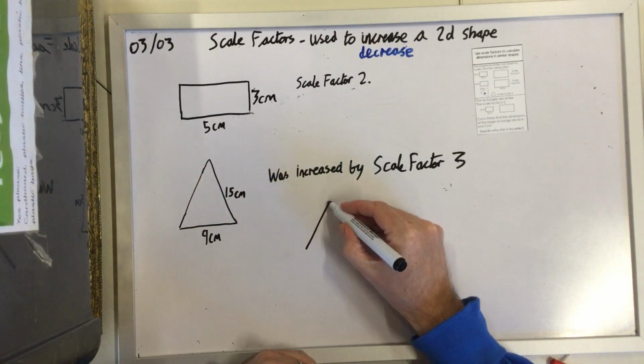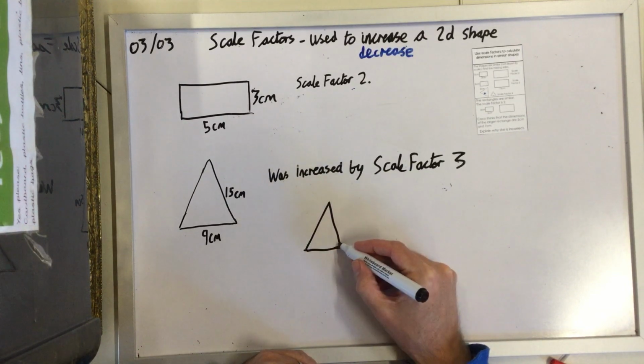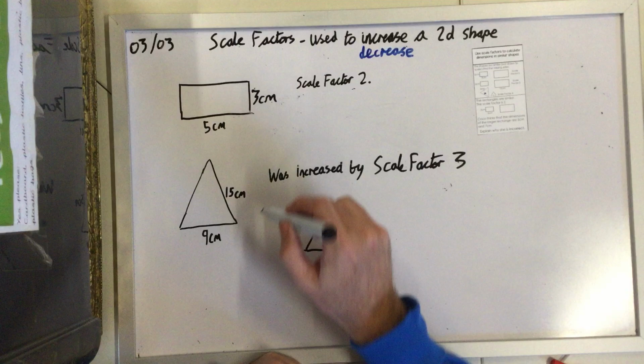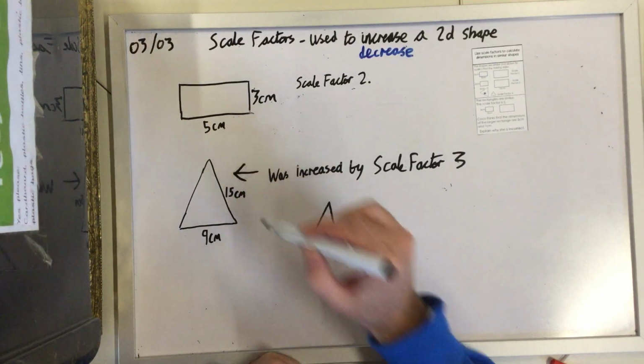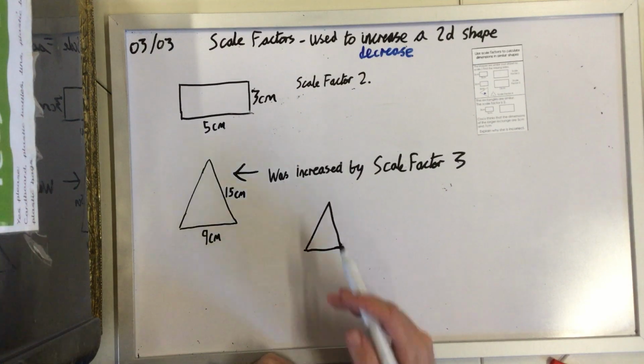So now what would the measurements be on the smaller triangle? That's the one that's been increased. So what will the measurements be for this one? Well, then we do the inverse.